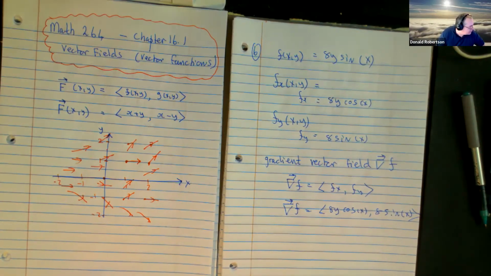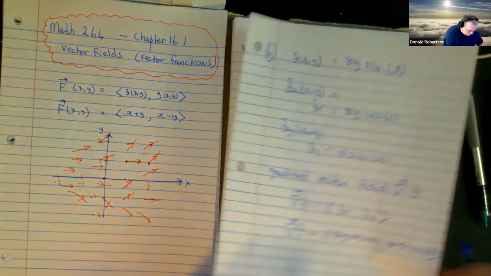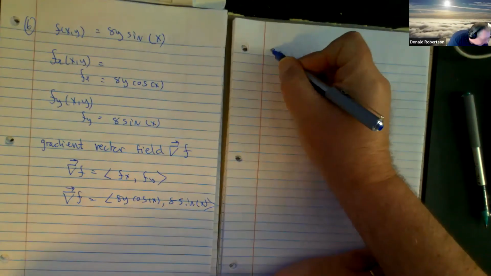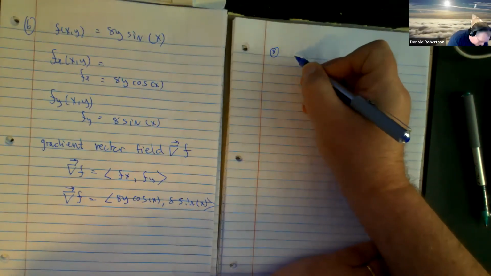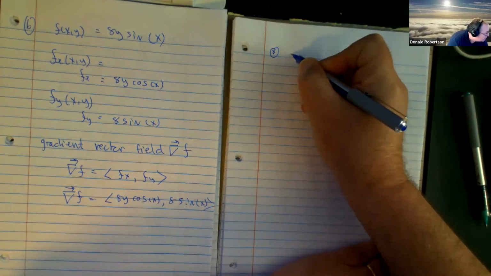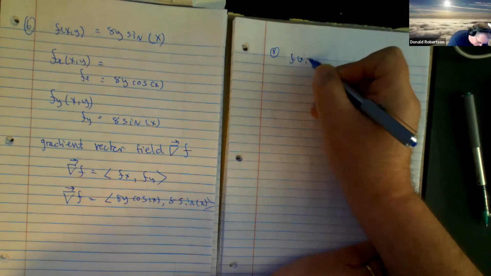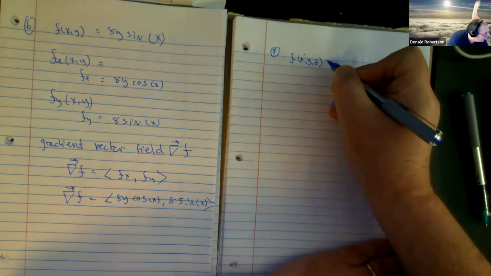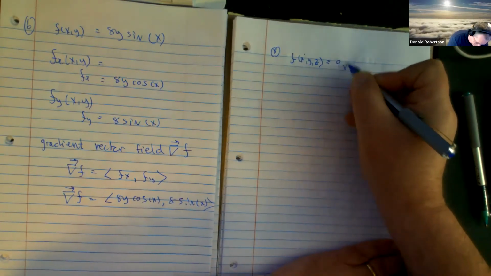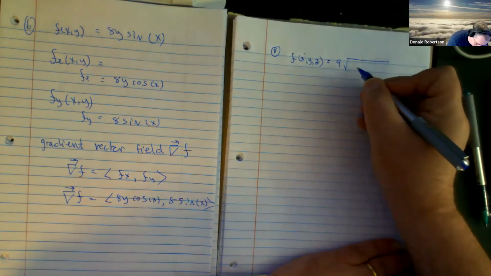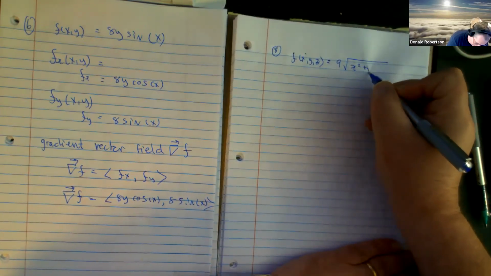Pick another one of these guys. Question 8. We're being asked to find the gradient vector. God, they get so many different names for these: the gradient function, the gradient field of that guy.